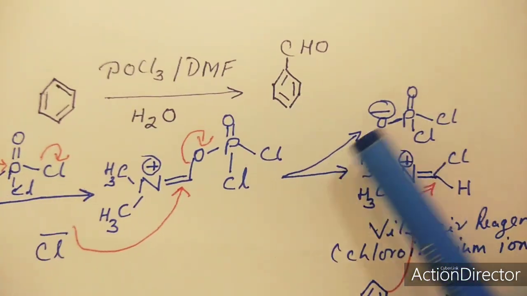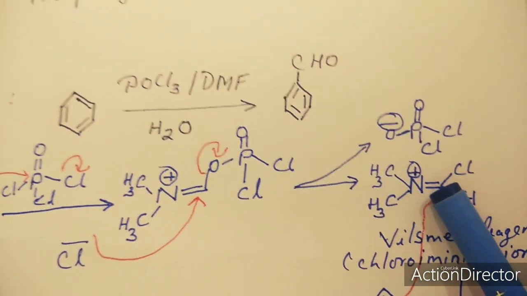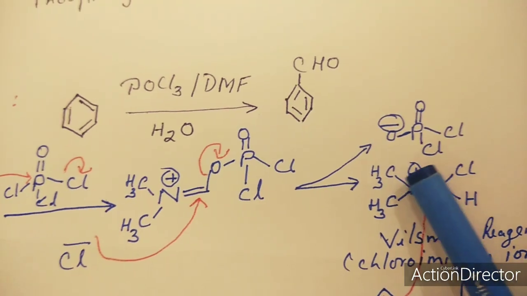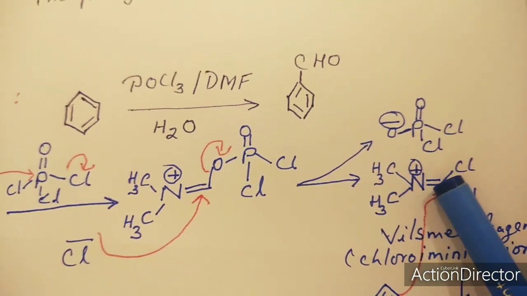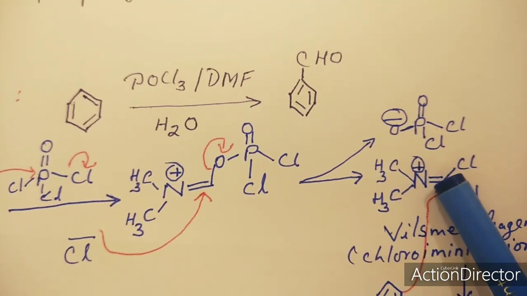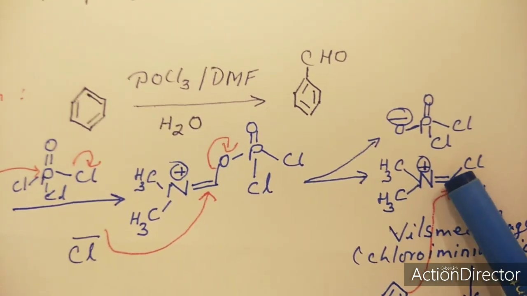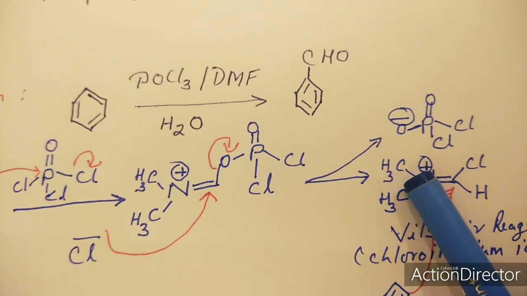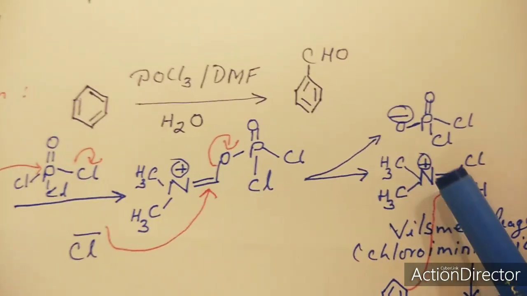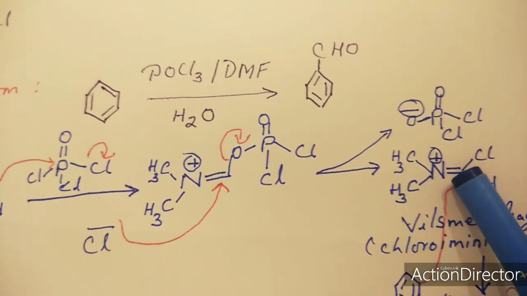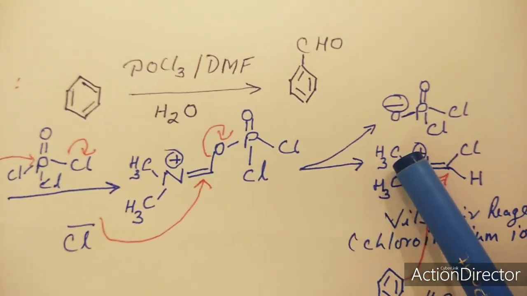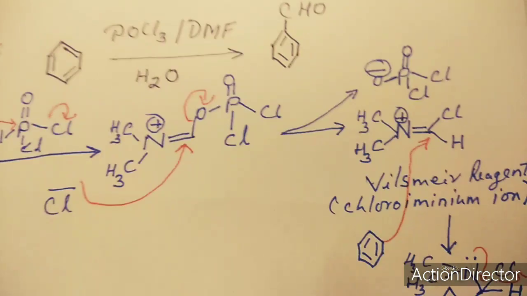And this chloroiminium ion, because this nitrogen has the positive charge, how can this act as the electrophile? Because this is not a stable condition. So in order to dispel this charge, what will happen? The benzene ring will attack here, so that this becomes a single bond and the positive charge is removed from nitrogen.